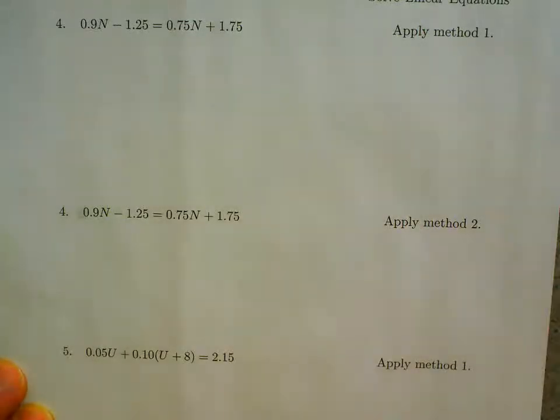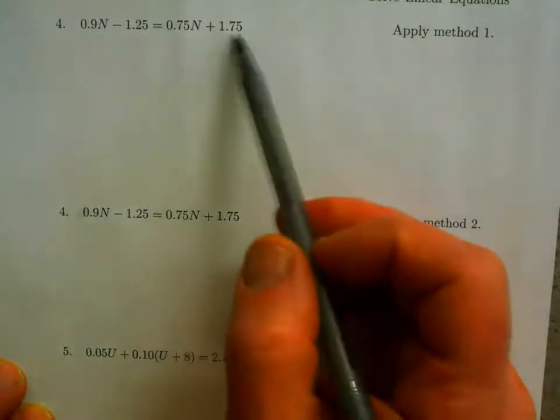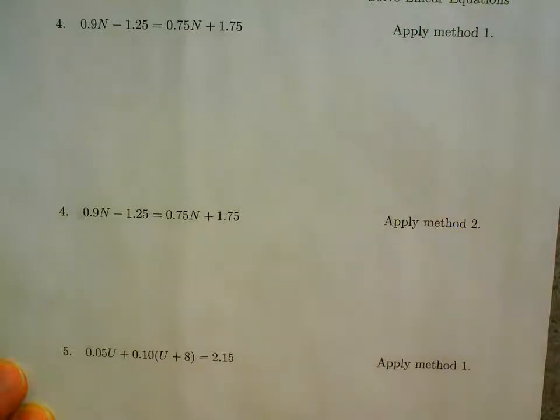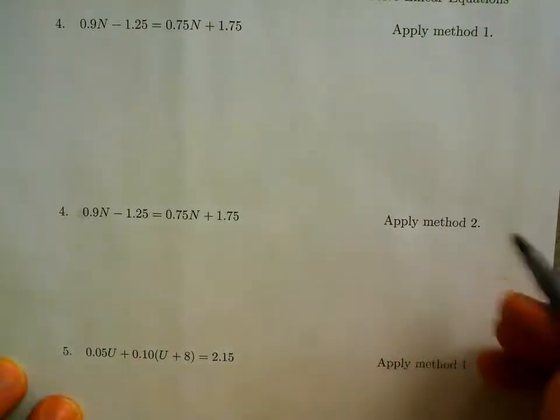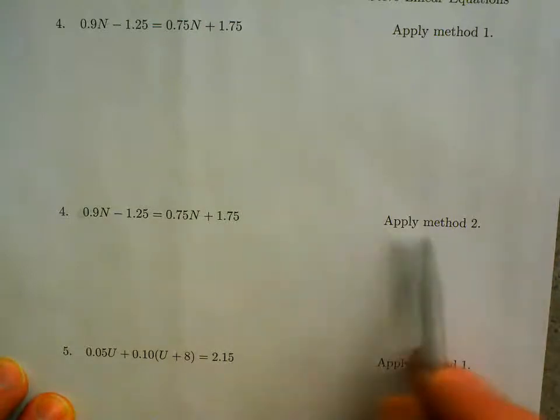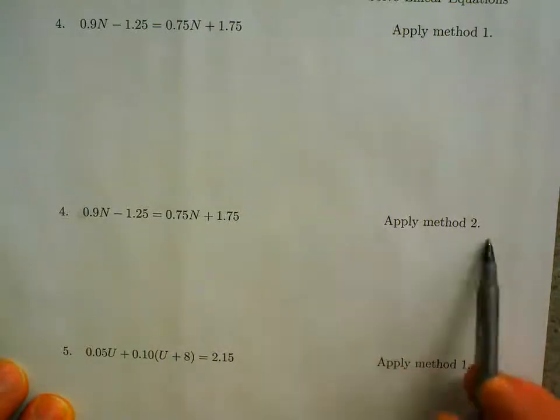0.75 is 75/100. 1.75 is 175/100. So I'm really applying method 2 on this one.